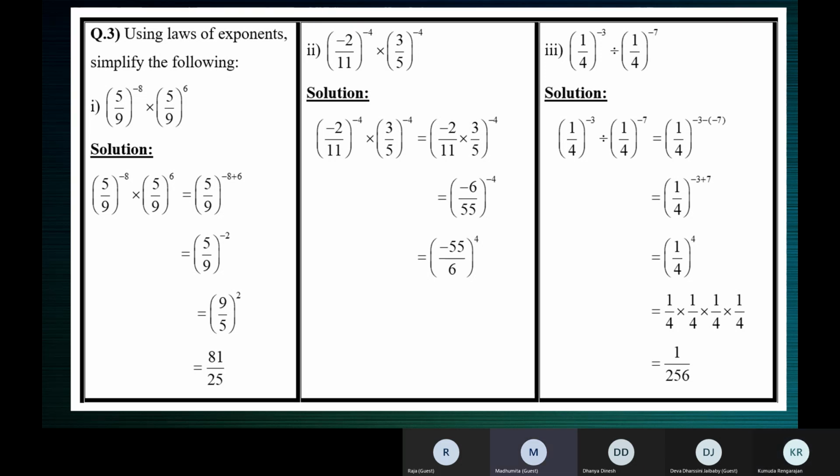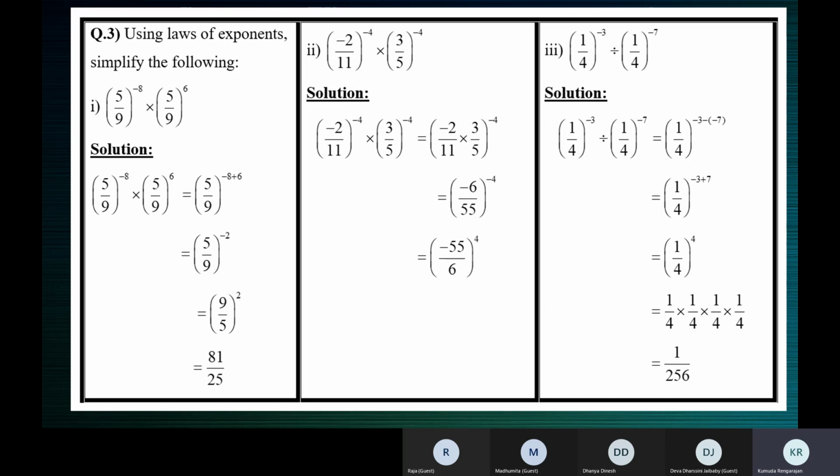Ma'am, after we get the answer as 5 by 9 to the power minus 2, is it compulsory to change it? Very good, I should say that it's the apt question. The power tells you how many times the base has to be multiplied with itself, right?